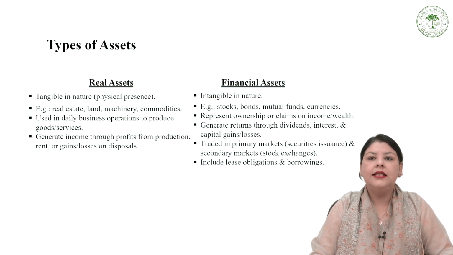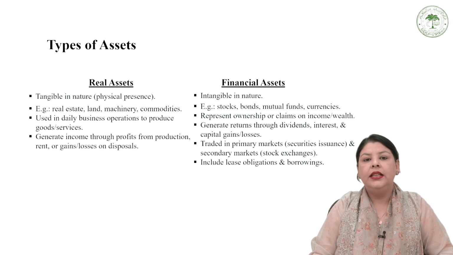Having gained the understanding of money management, we are now in a position to comprehend about assets. There are two types of assets, real and financial. Let's learn the difference between the two. Real assets are tangible, physical items like land, buildings, equipment, vehicles, ATMs, and machinery. They are used in business operations and generate income through production, rent, or sales.